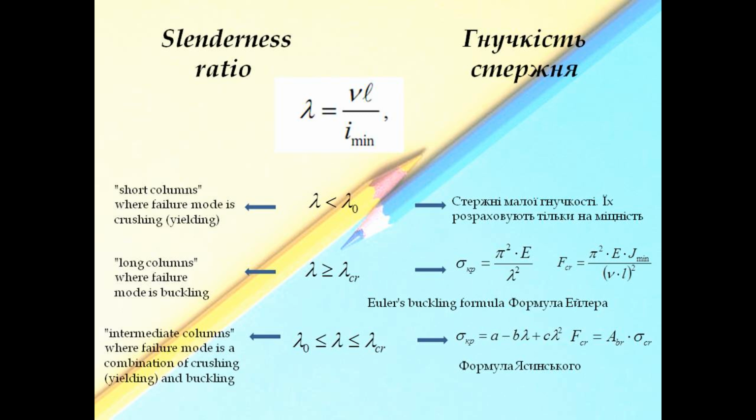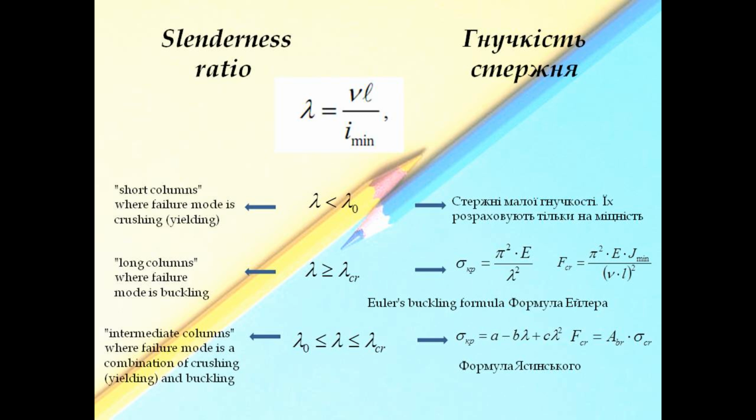In that case, the column is considered a long one, and you must use Euler's column buckling equation to calculate the critical buckling load for the column. If the slenderness ratio is lesser than the critical slenderness ratio, but larger than its critical counterpart, you must use Jasinski's column buckling equation.